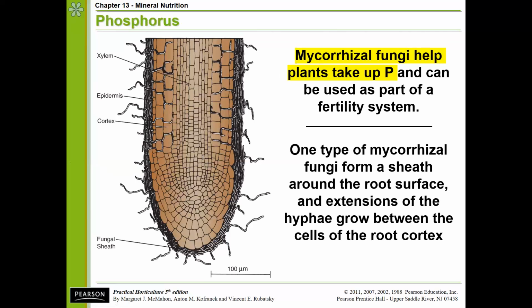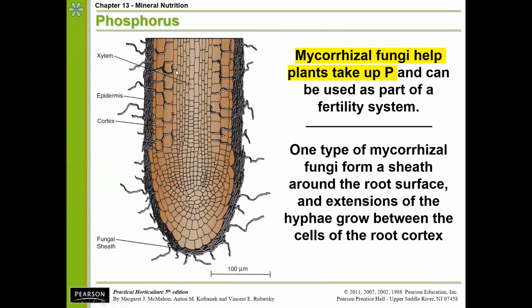You can also just purchase mycorrhizal amendments to add to your soil to help with the uptake of phosphorus and other nutrients, but phosphorus is one of the big important ones. For instance, here at VHCC, we use a mycorrhiza-inundated form of our ProMix for our potting soil.